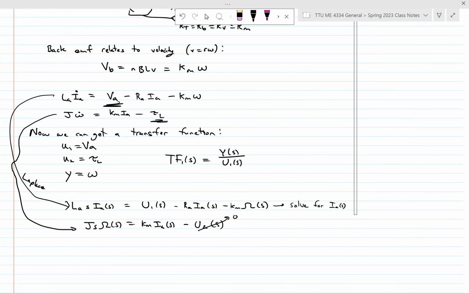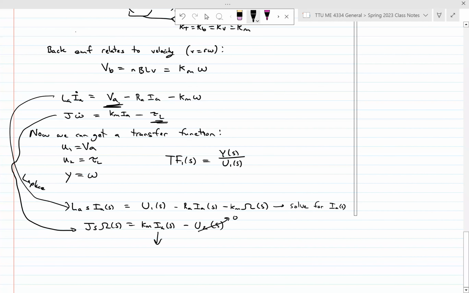And you can go through and solve this, and you would end up with, I think, KB over J LA times s squared plus J RA times s plus KB squared.